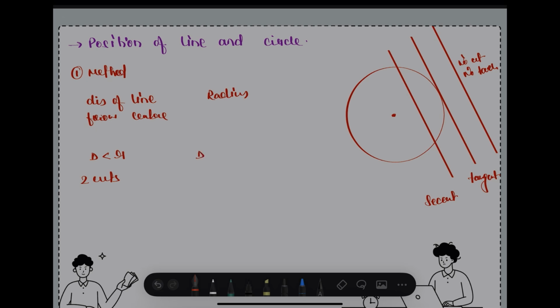If the distance is equal to the radius, in this case we will have one touch. In this case we will have no cut no touch.